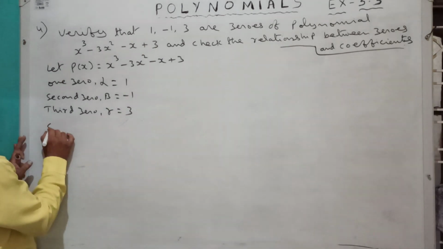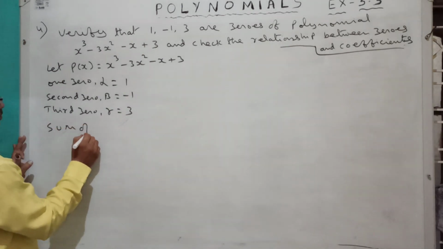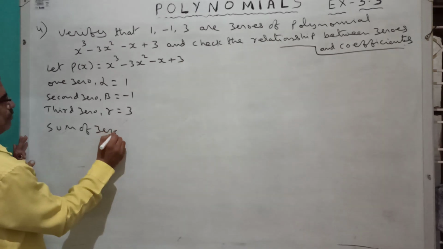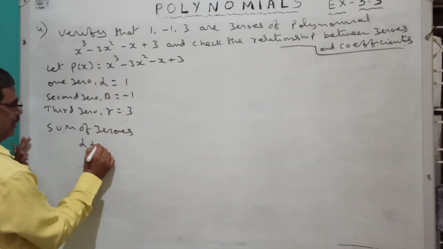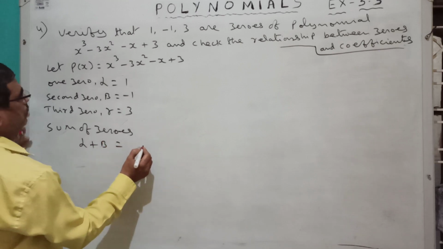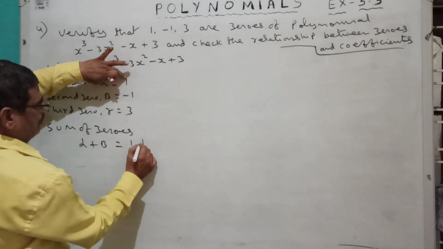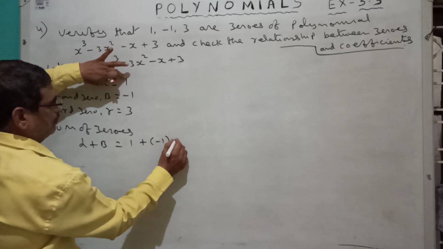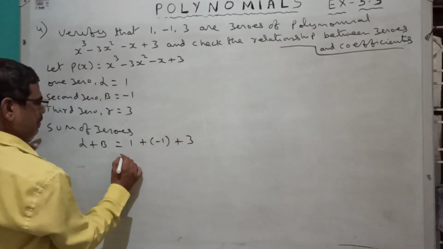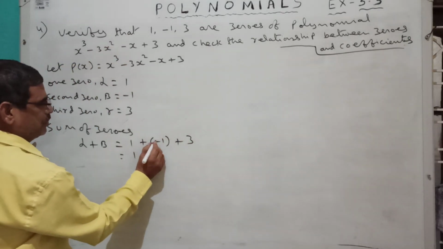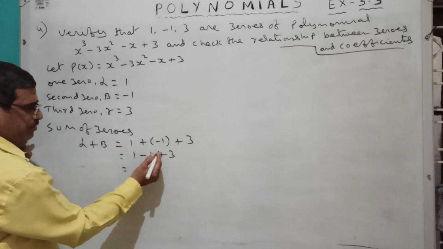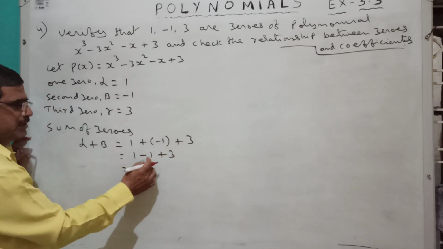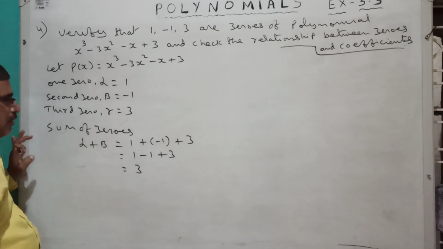So the sum of zeros, alpha plus beta plus gamma, is equal to 1 plus minus 1 plus 3. Plus 1 minus 1 will get cancelled, opposite signs. So 3. So the answer 3 came.